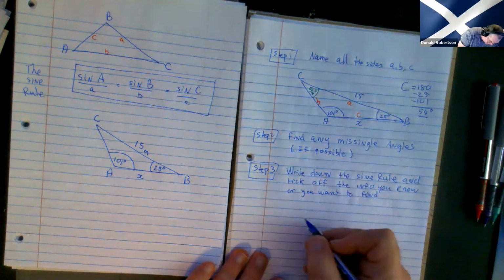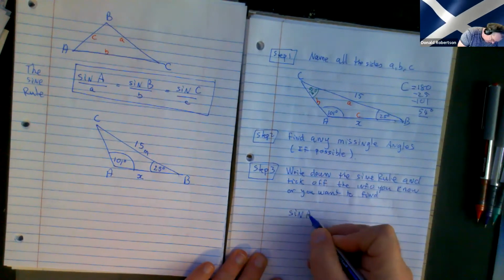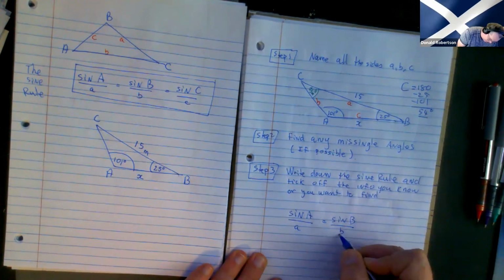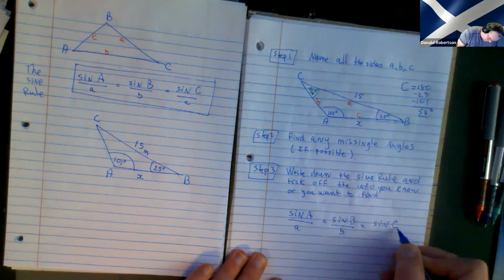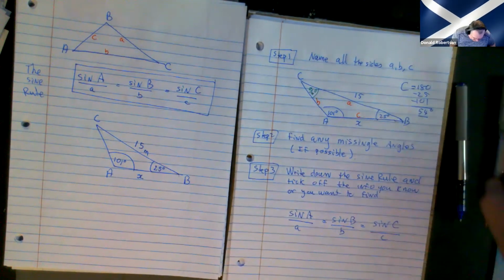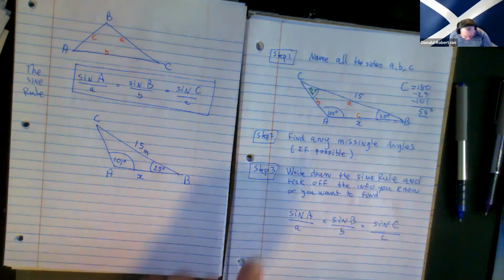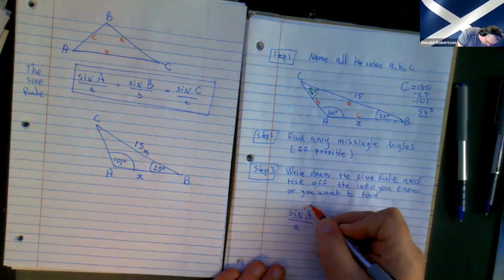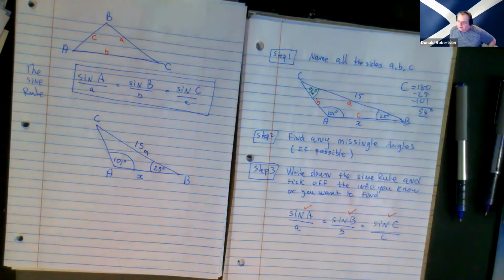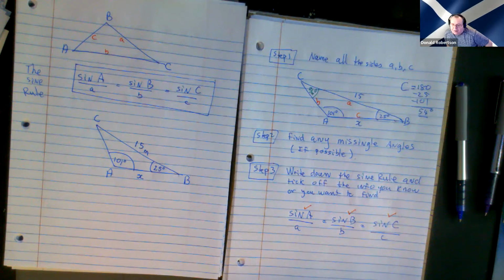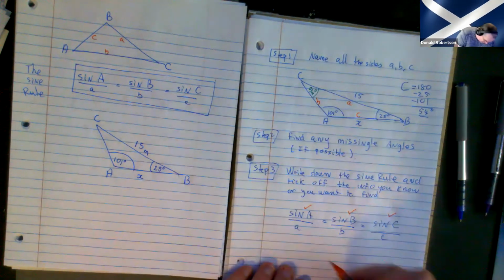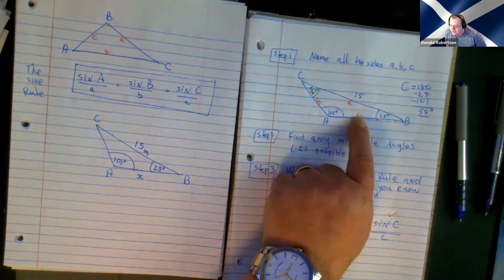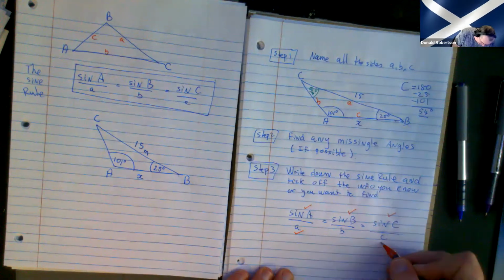So you write down the sine rule, which is this. And you tick off everybody you know. I know angle A, I know angle B, I know angle C. If I know an angle, I can find those. We agree they get checked off. I know a is 15, so I'll check that off. Aren't we trying to find X, which in this case is called little c? And so I'm going to check that off.